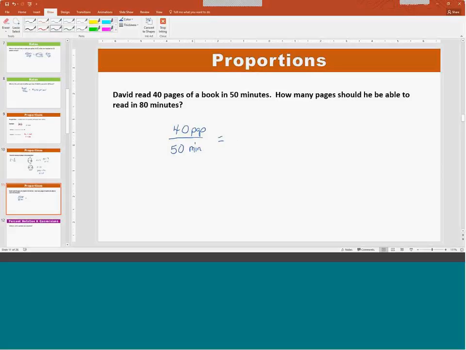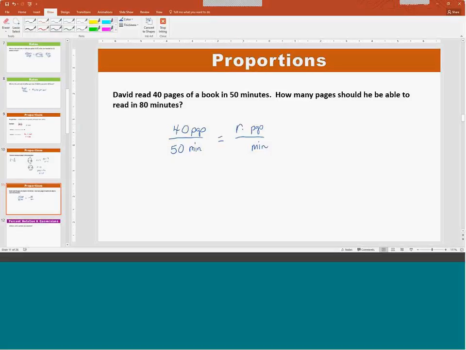If you have pages over minutes on the left, then you have to have pages over minutes on the right. You have to be comparing the same ratios in the same manner. Pages to minutes is equal to pages to minutes. How many pages?